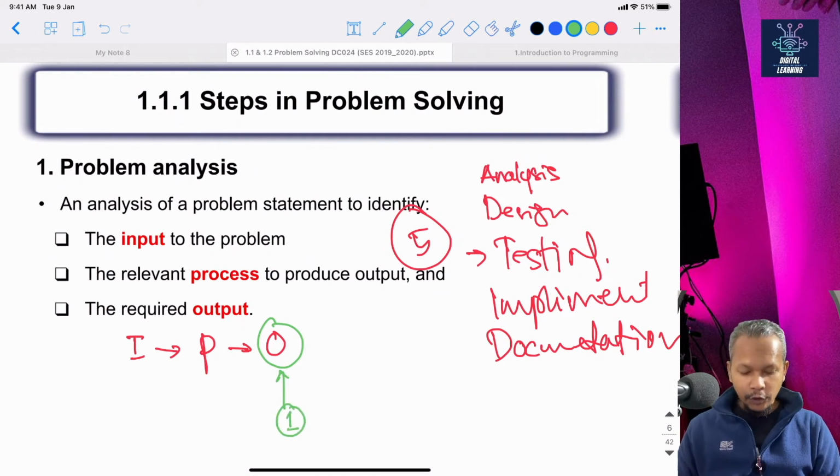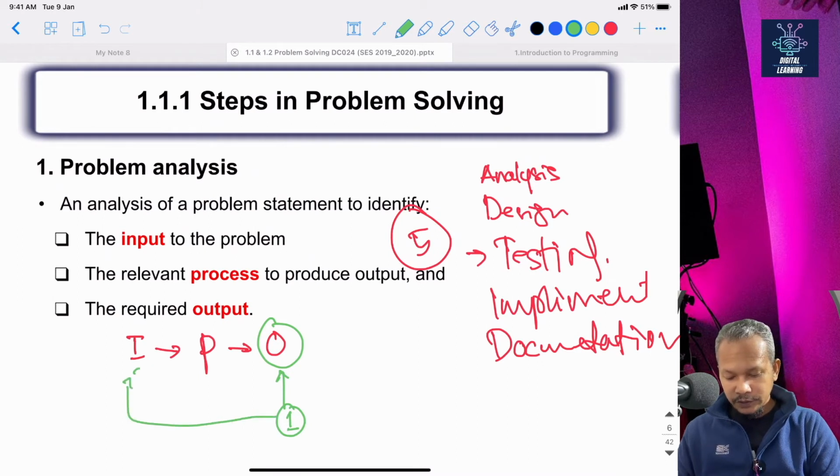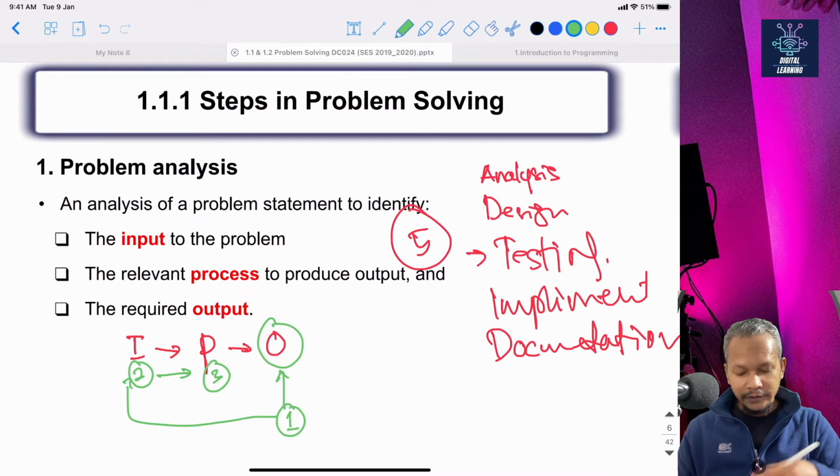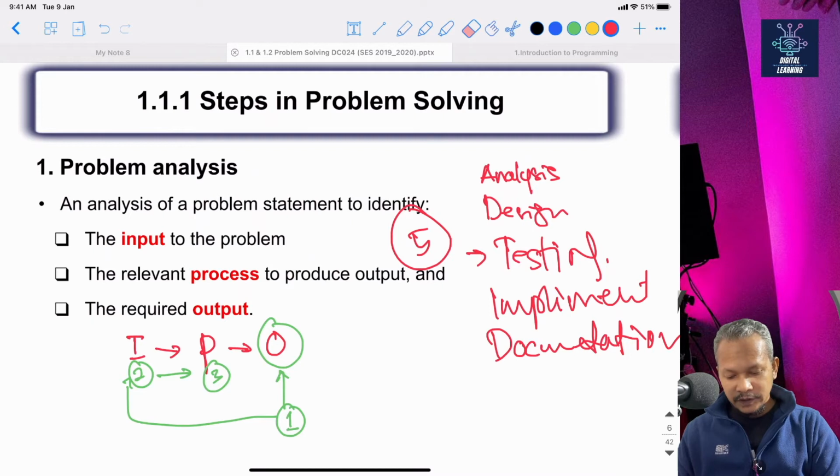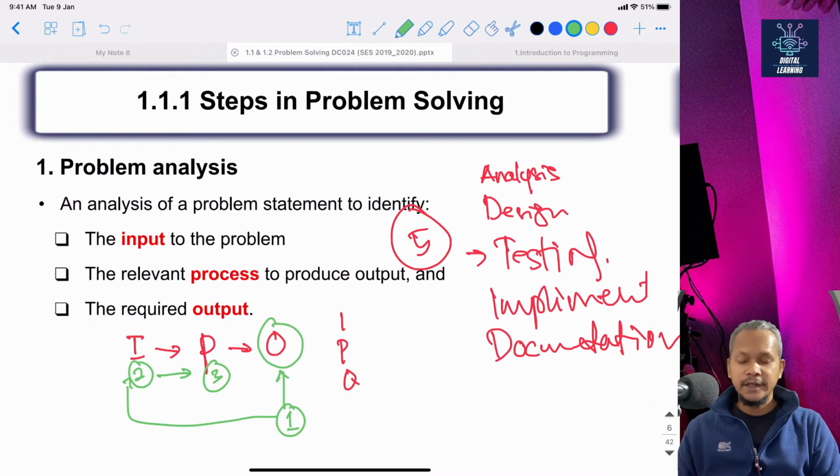If you know the output, now we go to input, and then we proceed to the process. But in writing, we will write the input first, in sequence: input, process and output. So this is how we tackle the question. We go to the output first, and from the output we know what the input is and then the process.